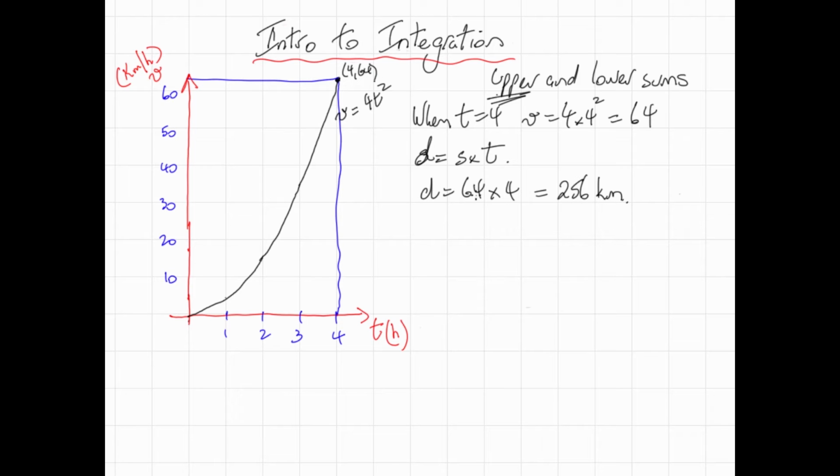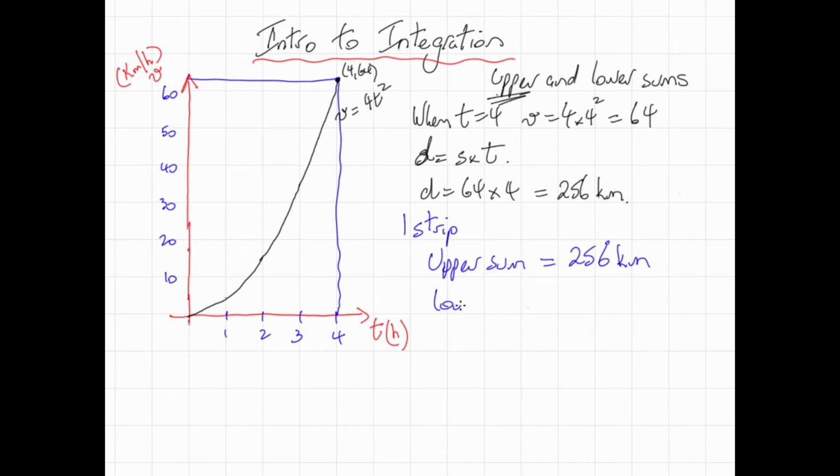So this, if you like, is using one strip, from 0 to 4. With one strip, the upper sum is equal to 256 kilometres as an approximation.